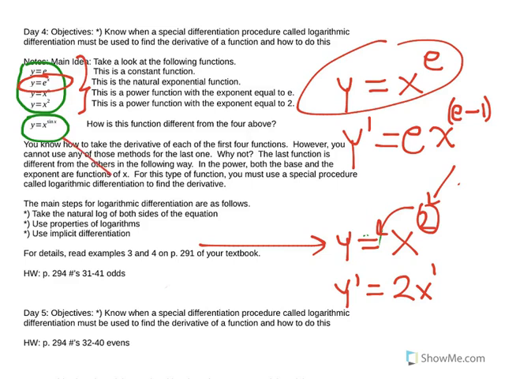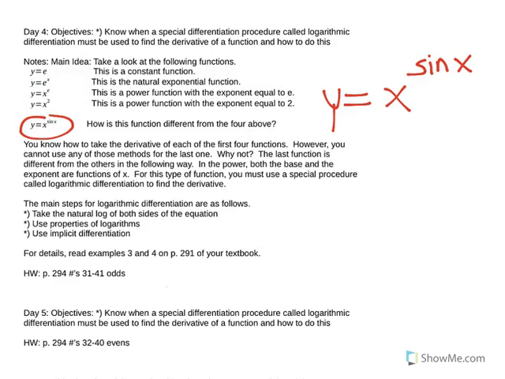How is the 5th one different from the 4 that we've looked at before? So this is the 5th function. We have y is equal to x to the sine x. Let's compare it to the 4th function, y is equal to x squared, and the 2nd function, y is equal to e to the x.